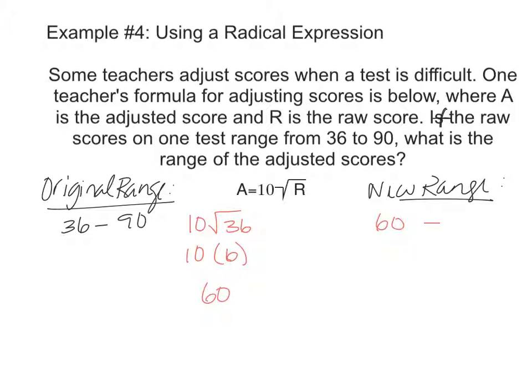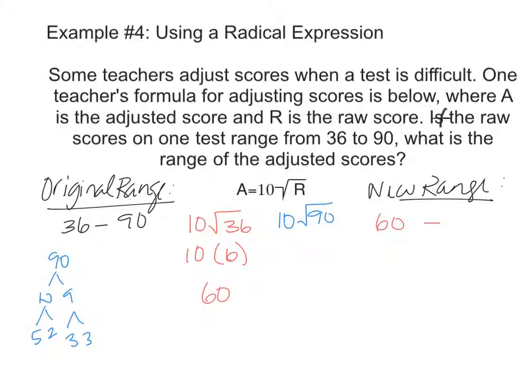Up to, then the other one is 90, so 10 square root of 90. 90 is 10 and 9. 9 is 3 and 3, and 10 is 5 and 2.